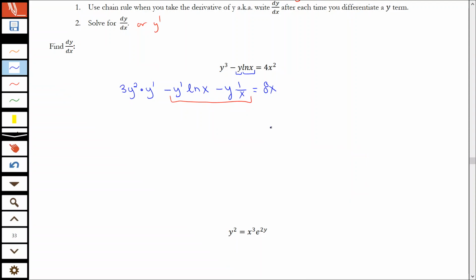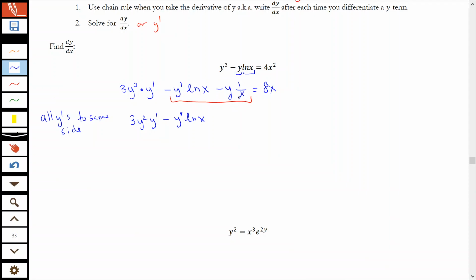Now this is a problem where we're going to have to rearrange and isolate our y prime. So the approach here is always going to be kind of the same. We're going to bring all y primes to the same side. Anything that doesn't have a y prime in it, kick it to the other side. So we're going to be left here with 3y squared y prime minus y prime ln x.